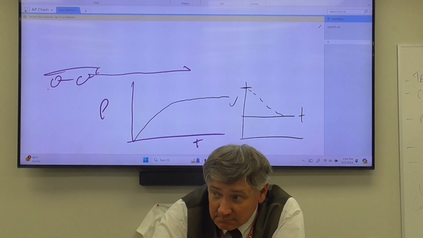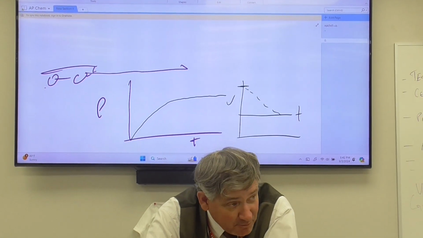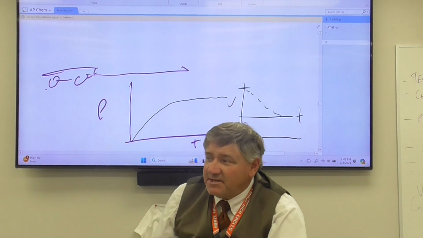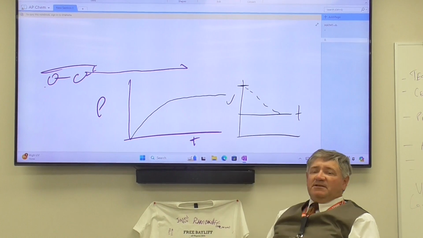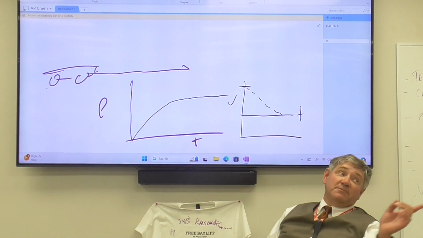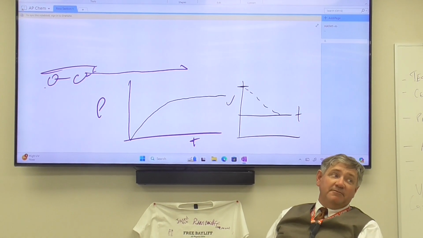Everybody cool with that? No, don't be. Do not be cool with Chuck's line, because here's the reason why. What does a straight sloping line on a velocity time graph give you? Constant acceleration. Uniform acceleration. F equals ma, right?